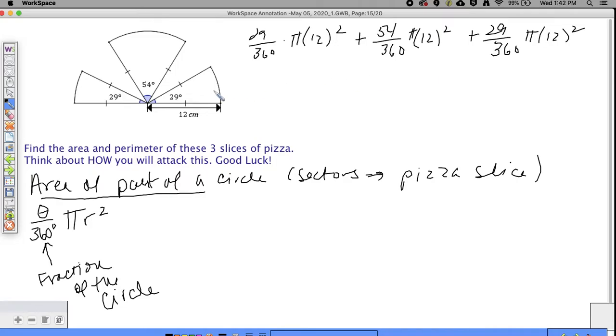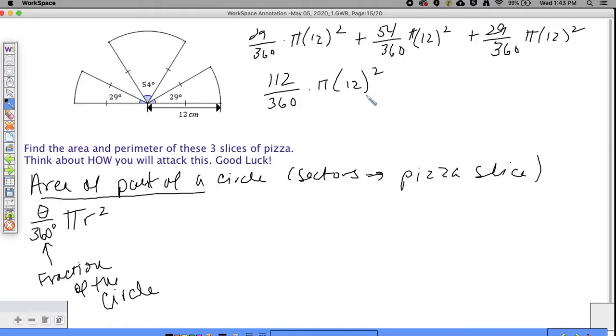Or you can do it in one fell swoop and add all of your angles together. So that would be 29 times 2 plus 54. Or you could just do 112 divided by 360 times pi times 12 squared.